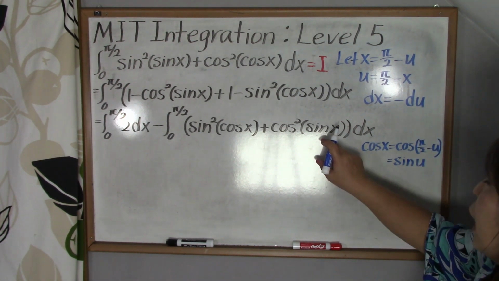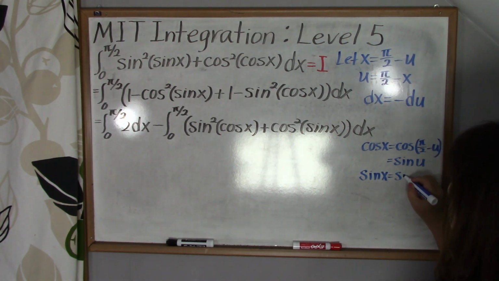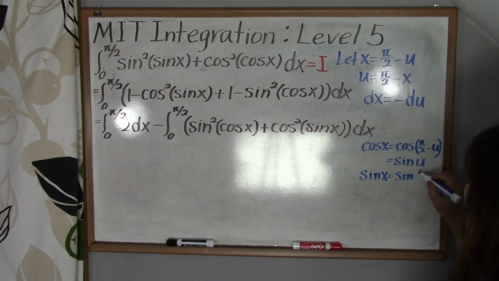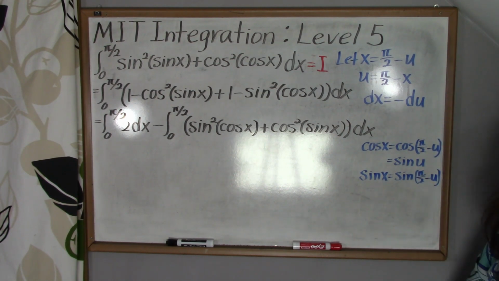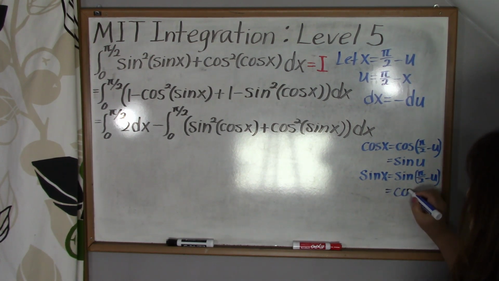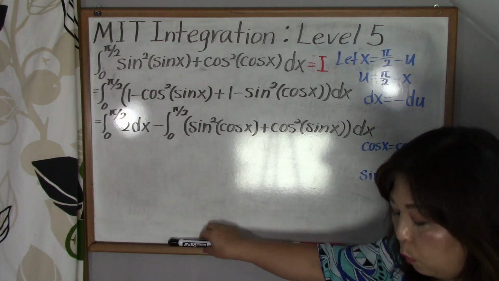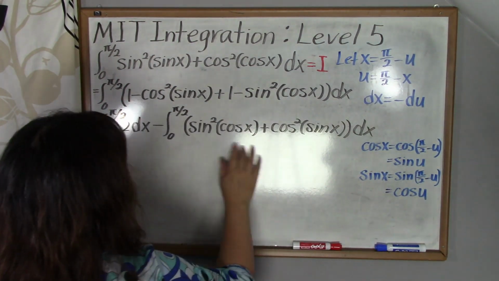And next, sine x. Sine x is equal to sine of pi over 2 minus u, the same thing as here, and sine of pi over 2 minus u is equal to cosine of u. So now we can change everything in this integral.